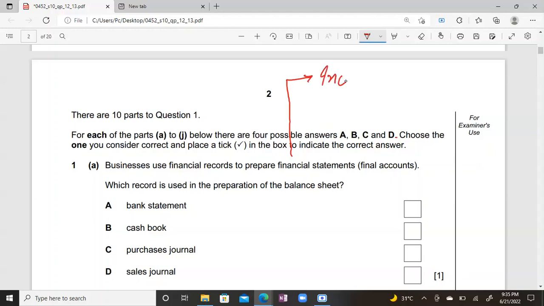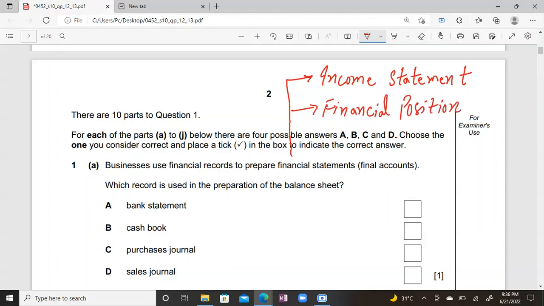One is the income statement, and second is the financial position. And the balance sheet is also called the financial position.